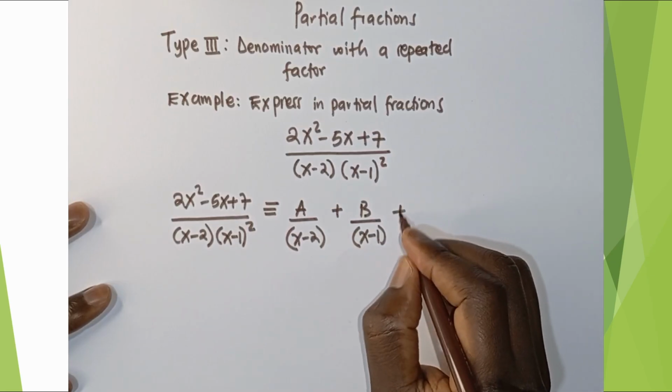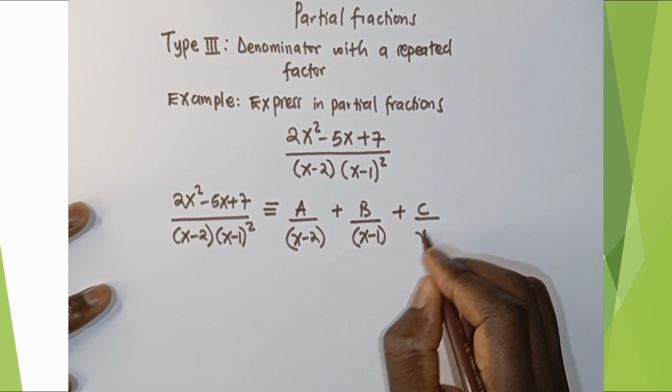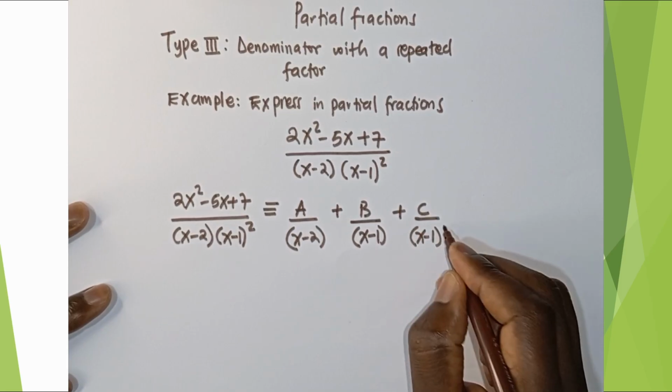Now we go like that to increase the power, so plus c out of x minus 1 everything squared.